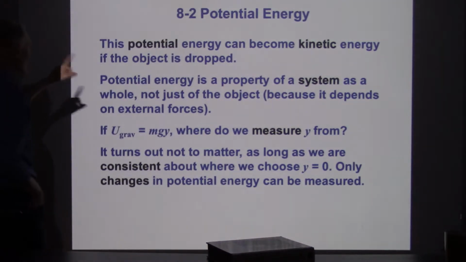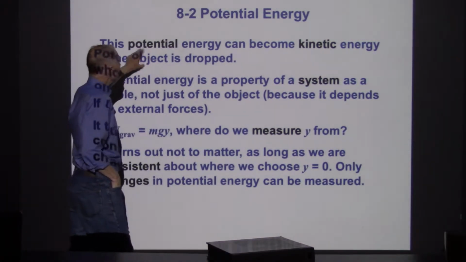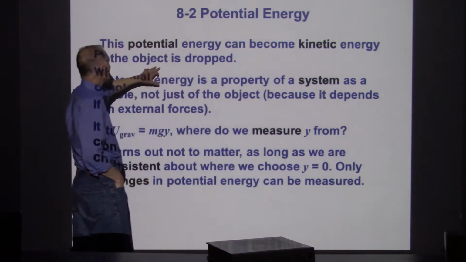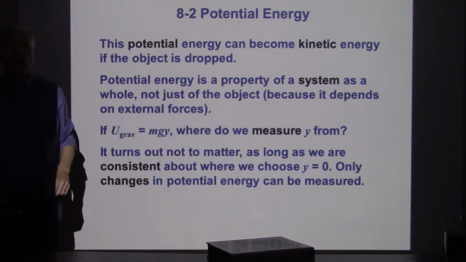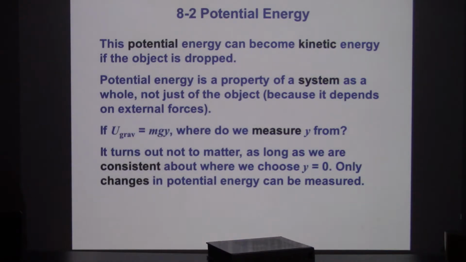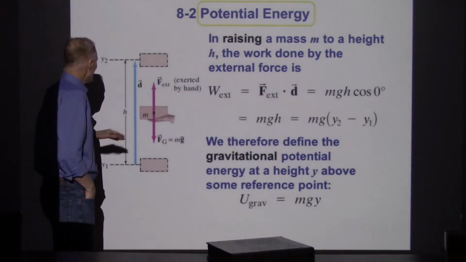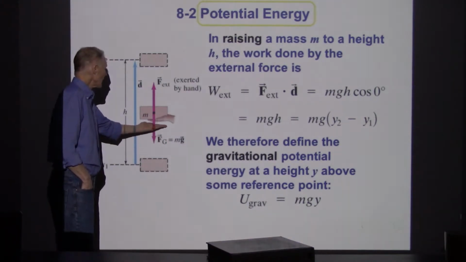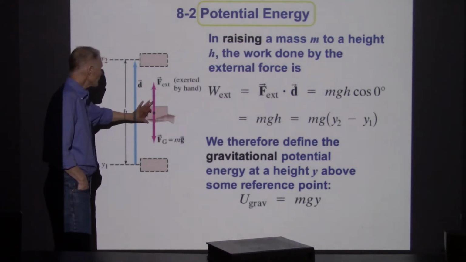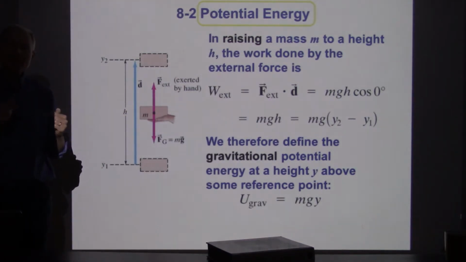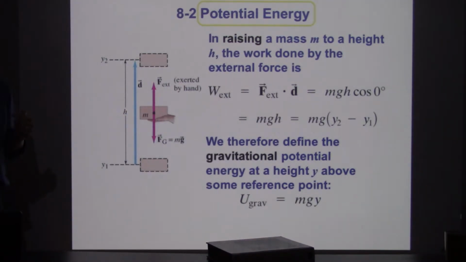Now, the potential energy can be converted back into kinetic energy if the object is dropped. So that's what we had mentioned before, is if I lift this object up, I'm transferring energy in, the gravitational force is taking energy out and it's storing it.